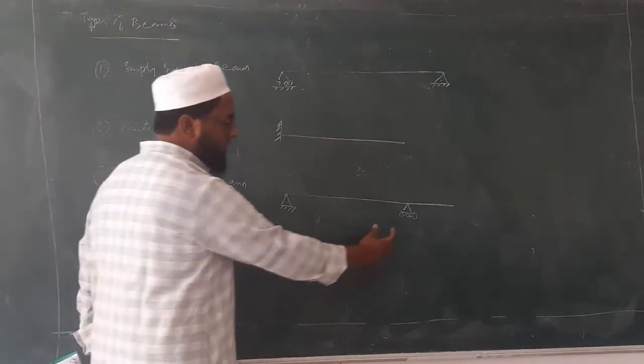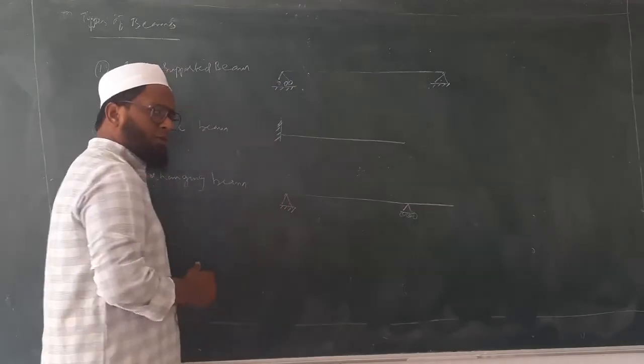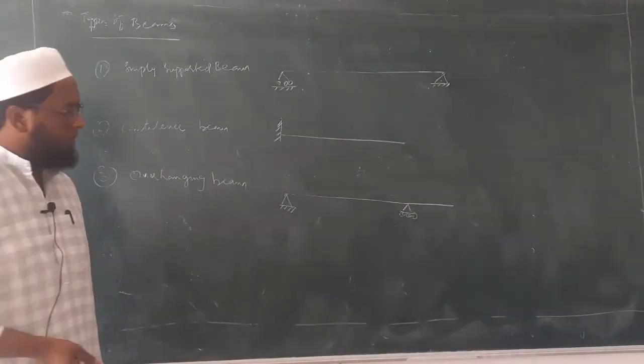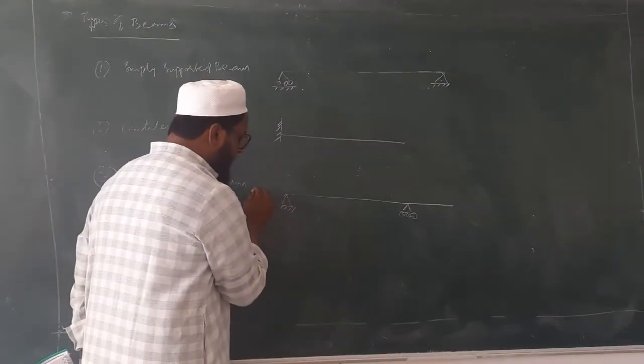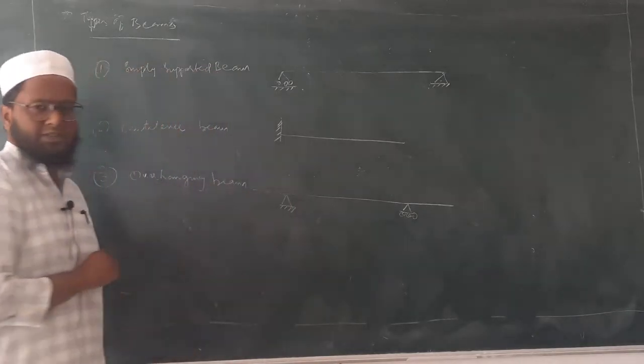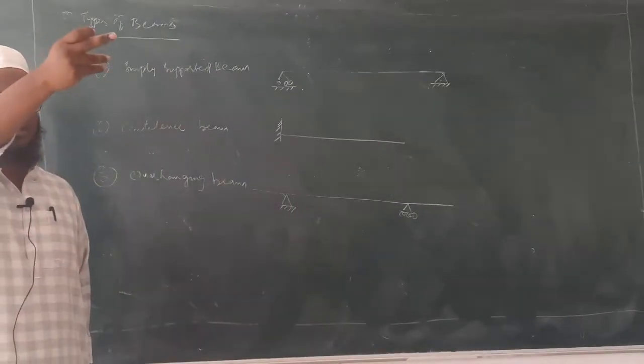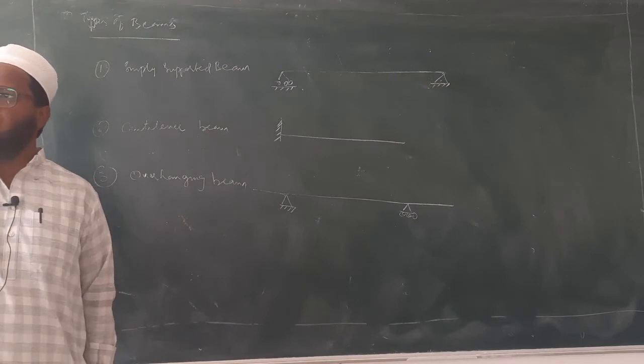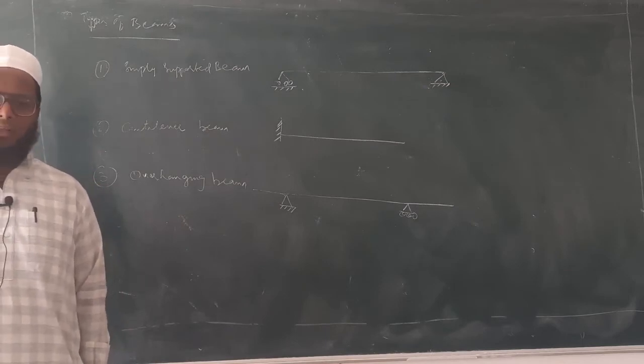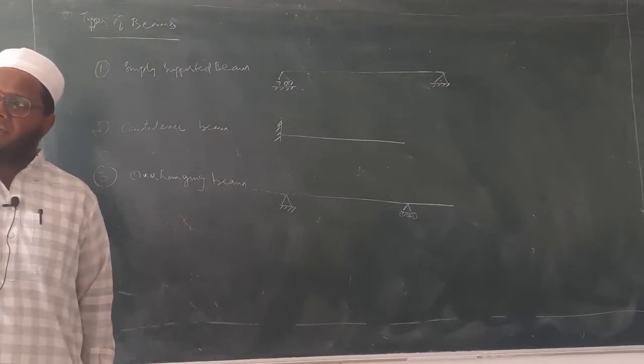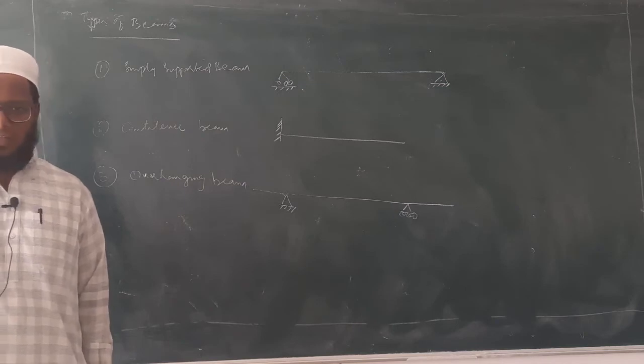We have one portion which is cantilever, whereas one portion is simply supported. Sometimes you will have overhanging beam on both sides. See this beam, this is overhanging, this is not overhanging, right? We do not have beam on the other face. If we provide beam on the outer face, then it is overhanging beam.